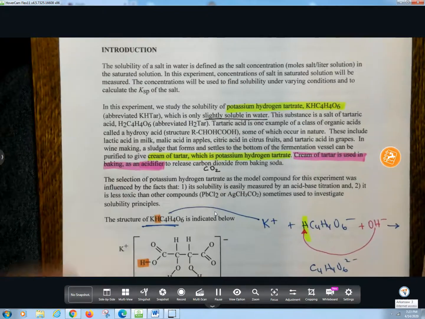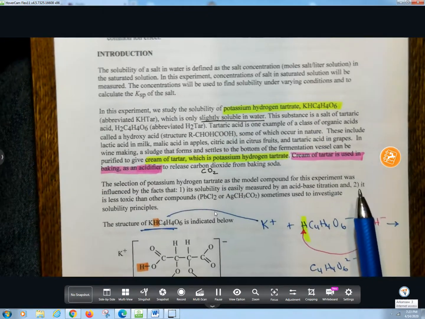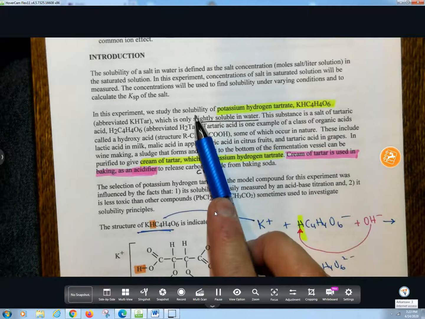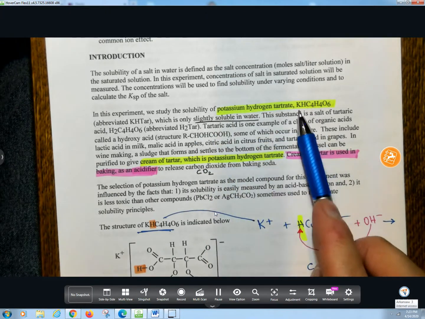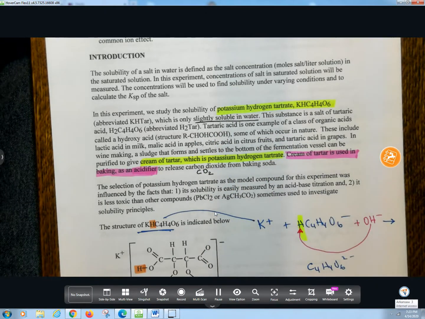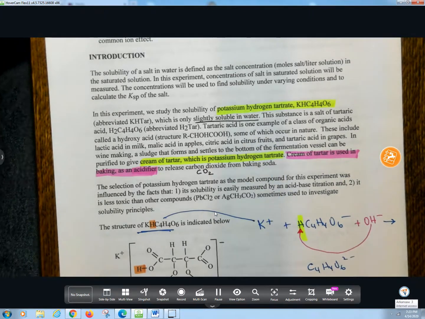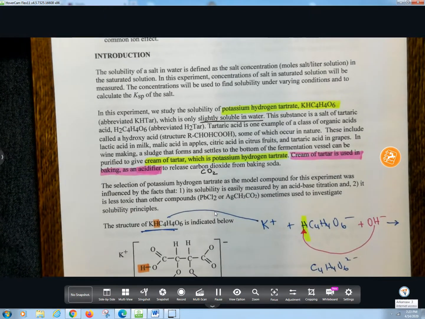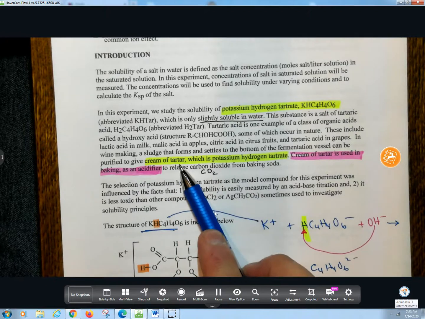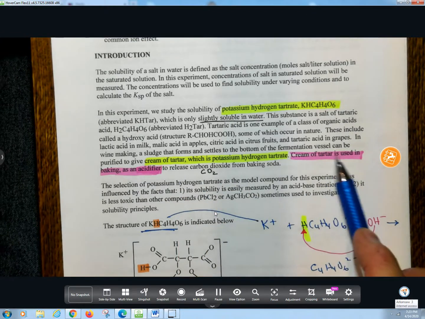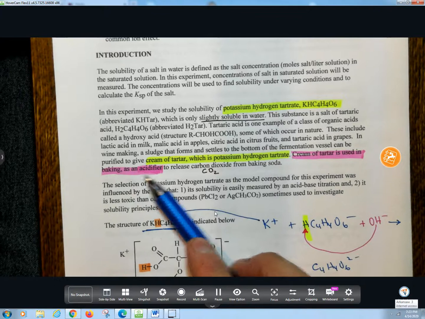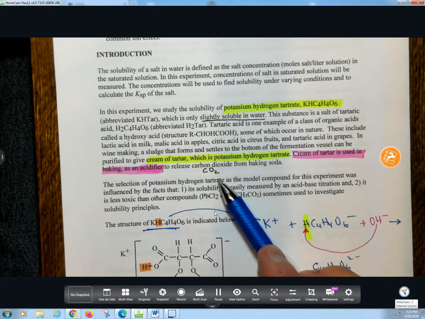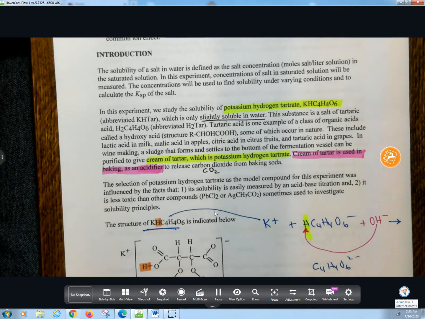So let's go over the lab here a little bit. Again, we are going to calculate the solubility of potassium hydrogen tartrate. We know it's only slightly soluble in water. And this is actually cream of tartar. Cream of tartar is used in baking as an acidifier to release carbon dioxide from baking soda.